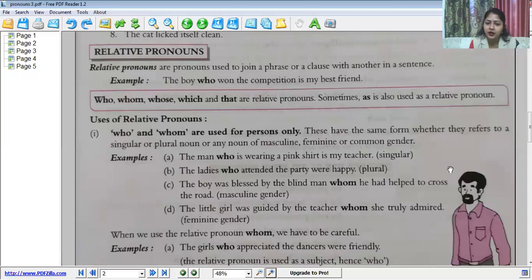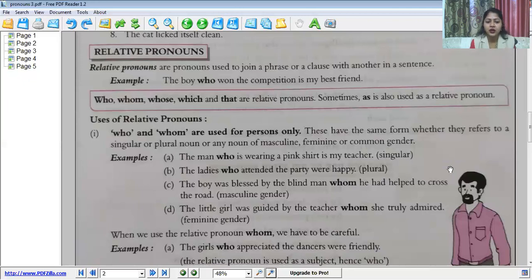The boy was blessed by the blind man whom he had helped to cross the road. See the next one. The little girl was guided by the teacher whom she truly admired. We are talking about the teacher and the blind man.